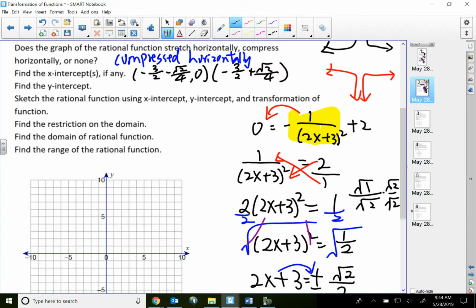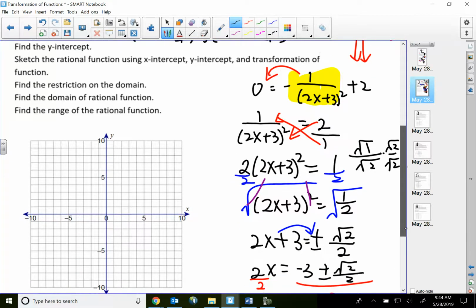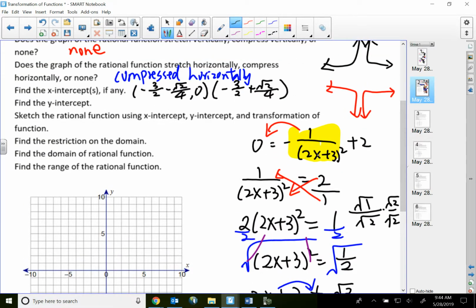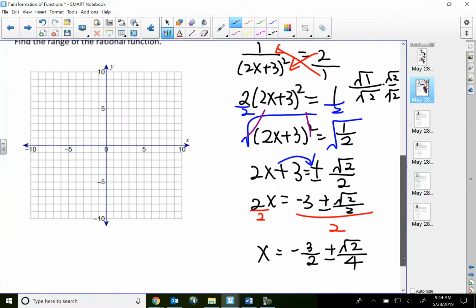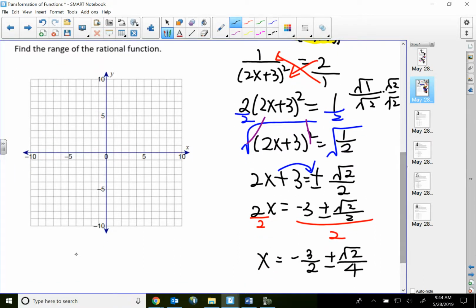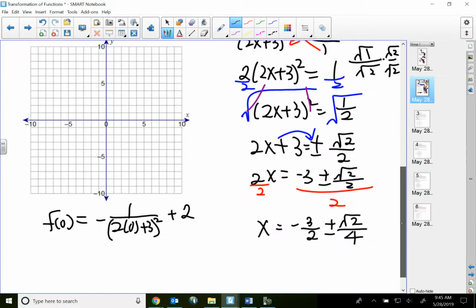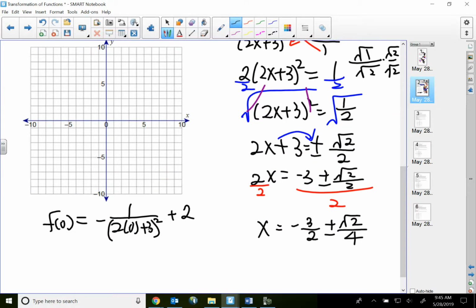All right, y-intercept. Find y when x equals 0. So f of 0 equals -1 over (2 times 0 plus 3) squared, plus 2. 2 times 0 is 0. 3 squared is 9.